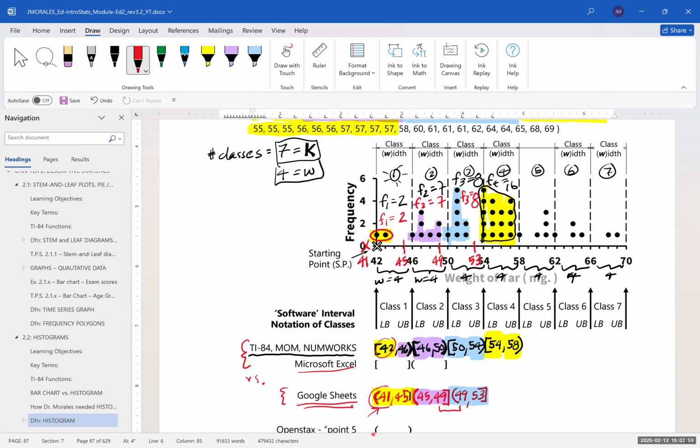And it is possible that because you have a different starting point, you might end up with different frequencies in the classes. They happen to be equal in this example, but it's possible you could end up with a histogram that looks a little different, depending on whether you made it in Excel or you made it in Google Sheets, and you therefore had different starting points.